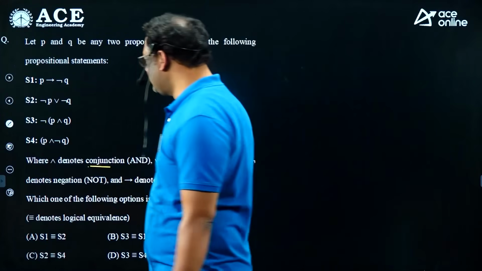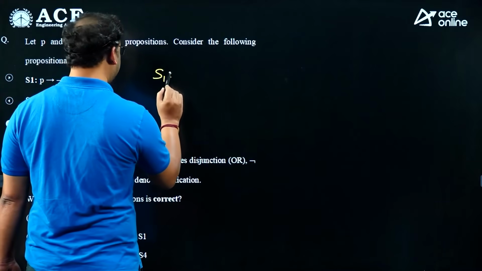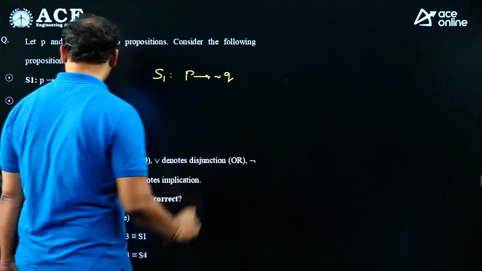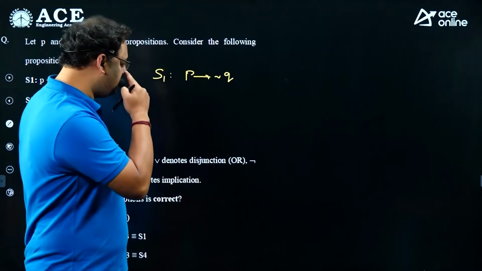In the first statement S1, we have P implies negation Q, a conditional property.